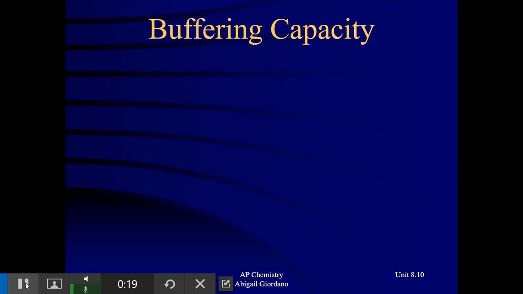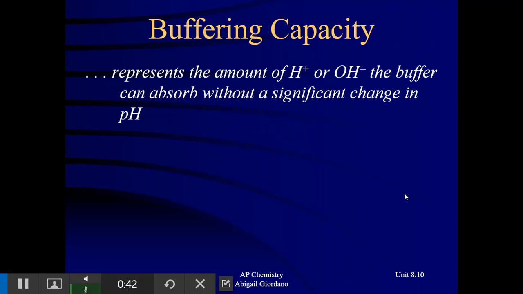So if you will recall, the entire purpose of a buffer is to resist changes in pH when things like added acid or base are added to it. And there is a concept called buffer capacity or buffering capacity, which represents essentially how much added acid or base a buffer can take without significantly changing its pH.